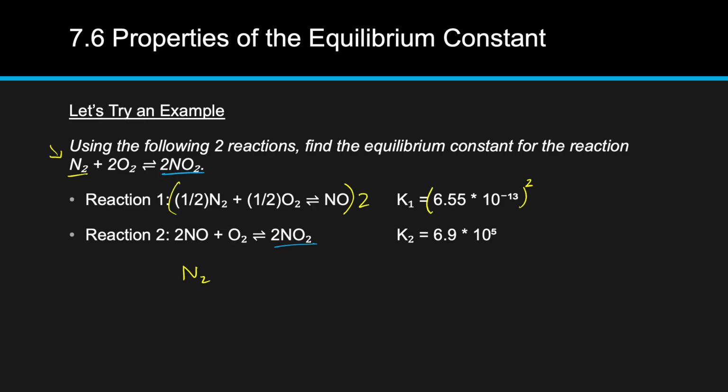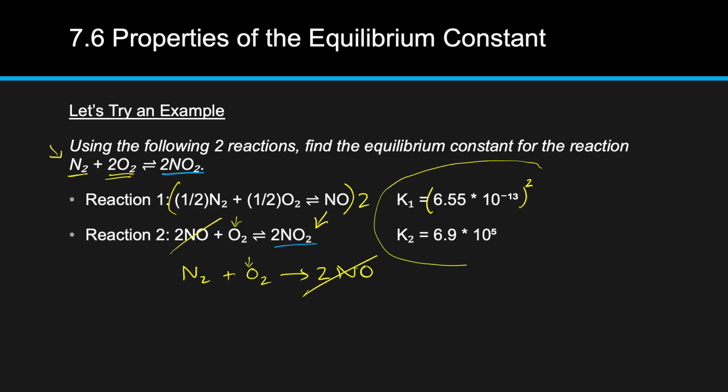So N2 plus O2 reacts to form 2NO. So as you can see, our 2NO is gone. Our O2 combines, so we have one here and one here to form 2O2, which is what we want. And then we have 2 NO2s left.